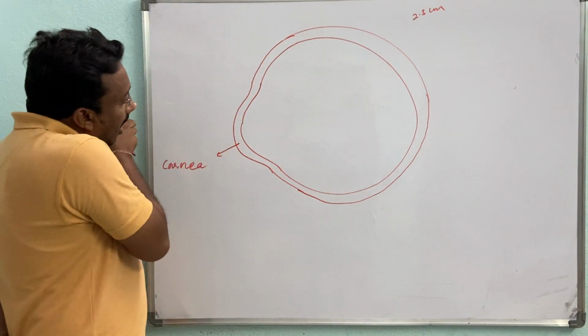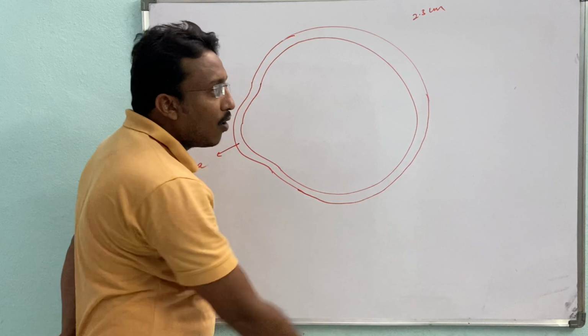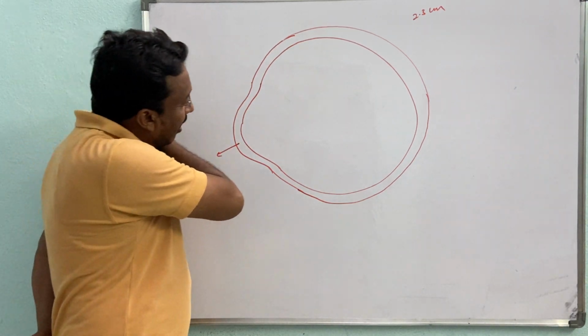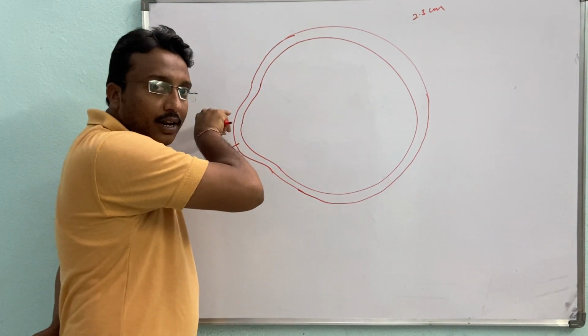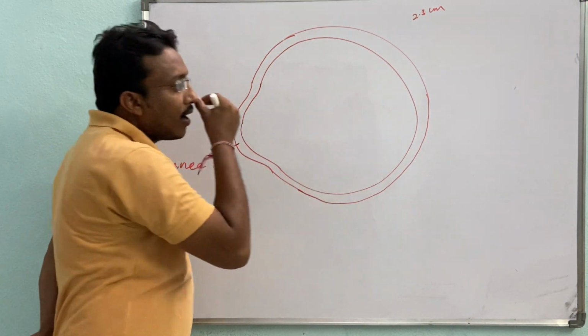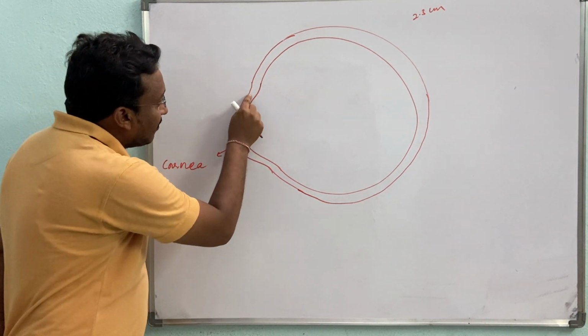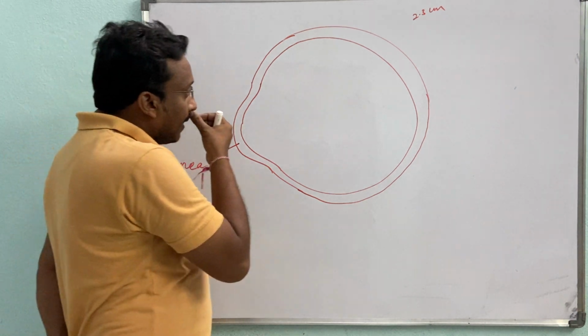It allows the light to pass into the eyeball. The reflected rays which fall on the cornea are allowed into the eyeball. That's why we call it a window to the world.